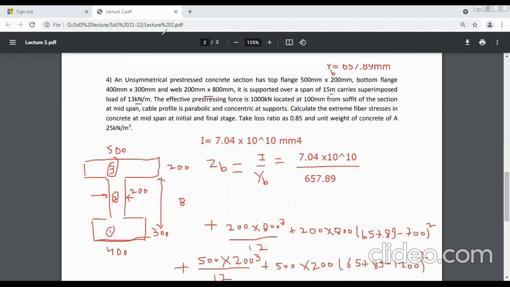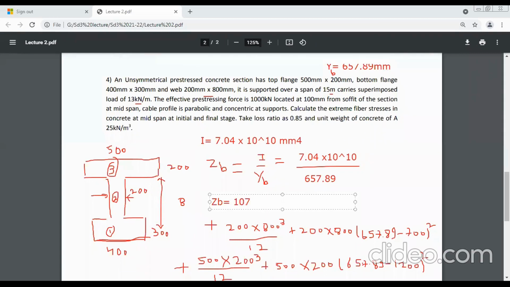Tell me how much is the section modulus from the bottom side. How much did you get? It is 107.0 into 10 raised to 6.